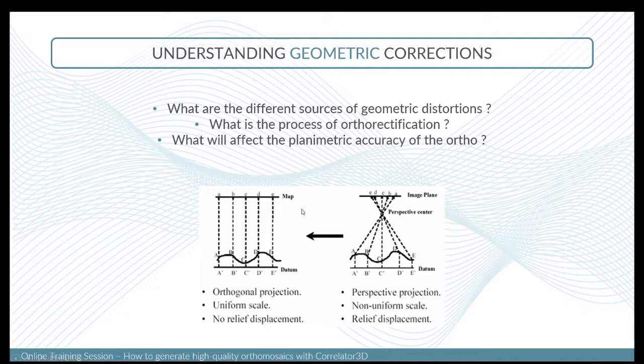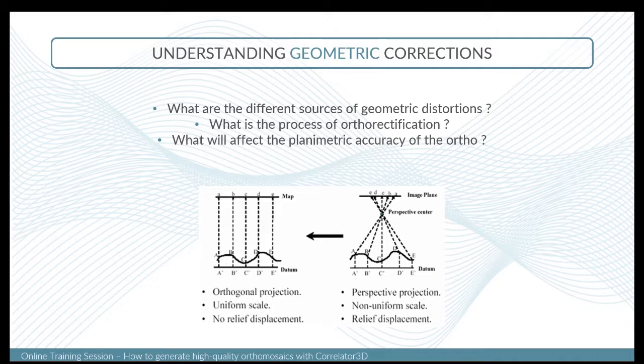What will affect the planimetric accuracy of the ortho? Well, obviously, the aerial triangulation process is what will define the accuracy of your resulting product. So everything you're going to generate after the aerial triangulation will depend on the accuracy of your AT, of the aerial triangulation.